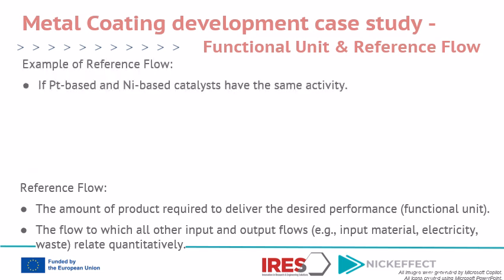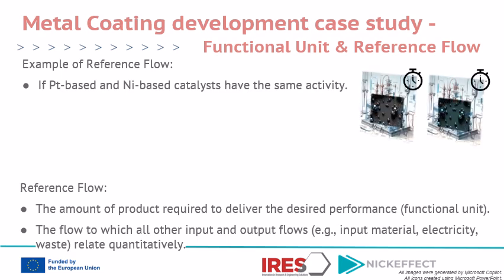Examples of a reference flow. Let's assume that the nickel-based catalyst that we are developing has the same functionality as the platinum-based catalyst. That means that the reference flow in this case would be the same amount of catalytic active area in the same size of electrochemical cell operating for the same duration.